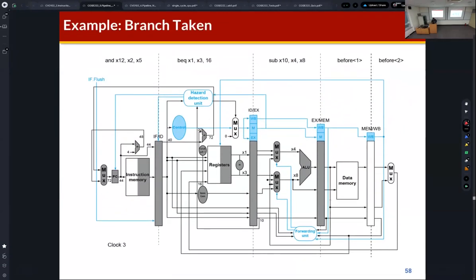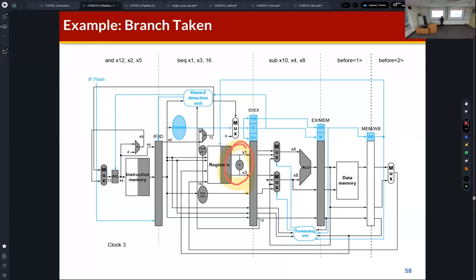As you can see, what is added? In order to reduce the delay of the branch instruction, we assume that our processor just supports the BEQ only for the branch instruction.